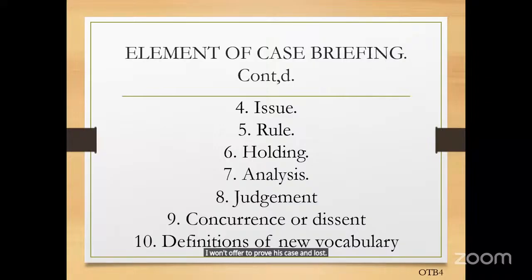That is the holding. Okay, the court will proceed to determine whether the plaintiff did all he needed to do to prove his case and won, or failed to do what he was supposed to do, that is, to prove his case, and lost the case.